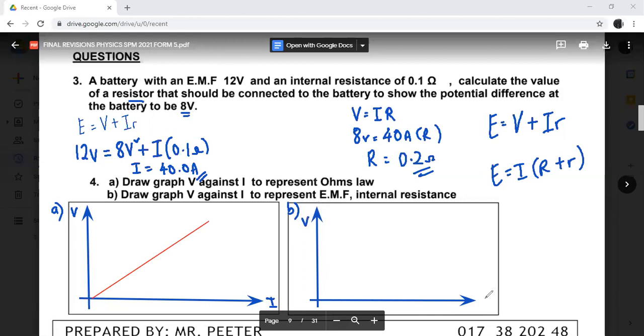Now for EMF, Mr. Tay. Mr. Tay. Where is he? Yes. Sketch on my graph for EMF. Yep, very good. Okay, done. Betul? All right, thank you guys.